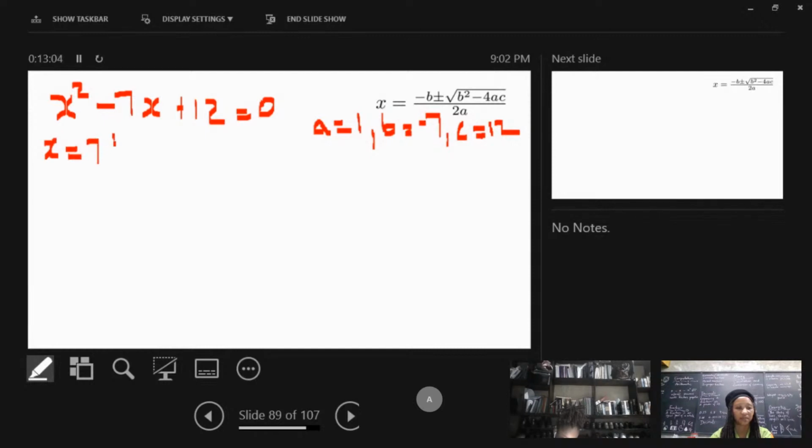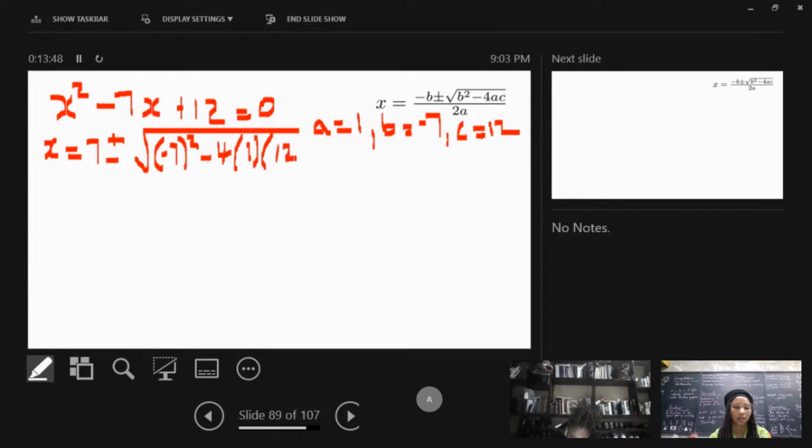So positive 7 plus or minus the square root of negative 7 squared minus 4 times 1 times 12, over 2 times 1.